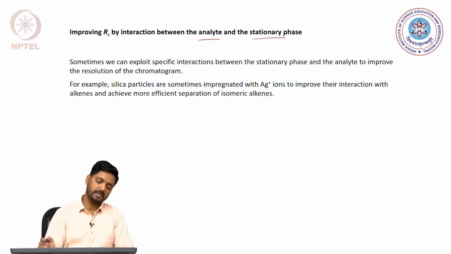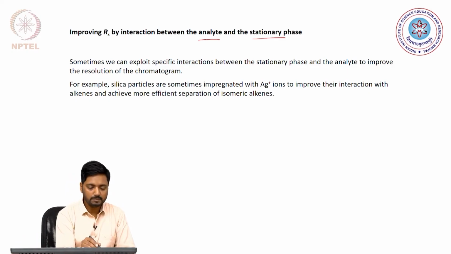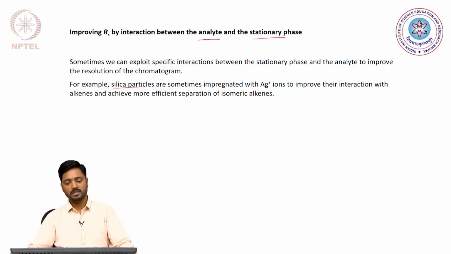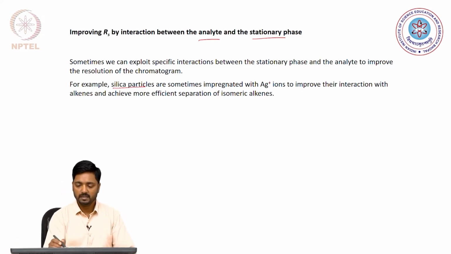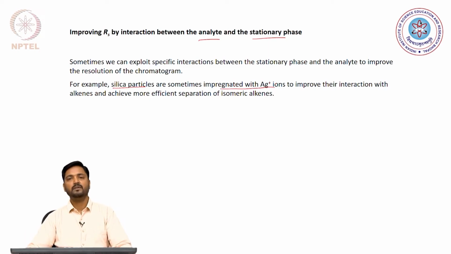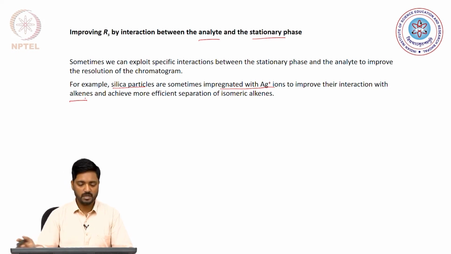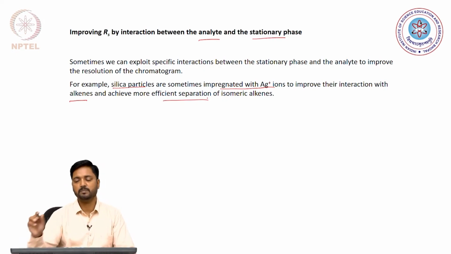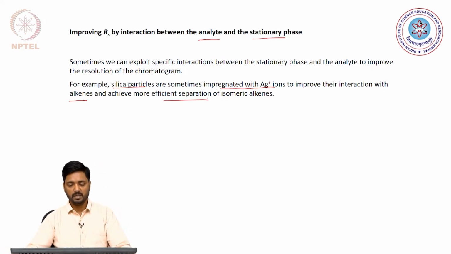In this particular example, people have taken silica particles and have impregnated them with metal ions such as silver ions, which have some interaction with the pi electron cloud of alkenes, and this allows the alkenes to be retained somewhat longer within the column and allows us to achieve an efficient separation of isomeric alkenes.